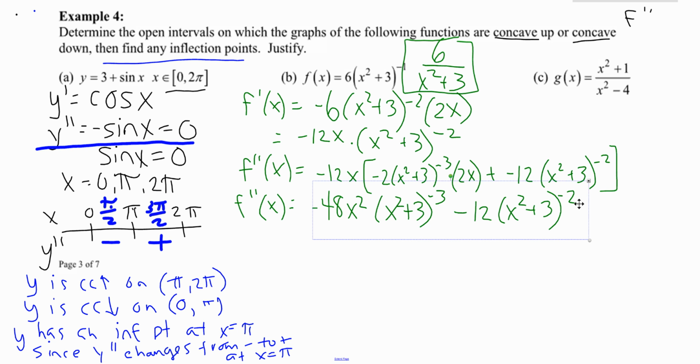Here's a time for one of our favorite things, factoring out least powers. All right, so I'm going to take out a negative 12 as my constant. Both of the terms don't have an x, so we can't do that. So I'm going to go ahead and take out x squared plus 3 to the negative third. Okay, let's see what's left over. We would have 4x squared, and we factored out the whole x squared plus 3 term.